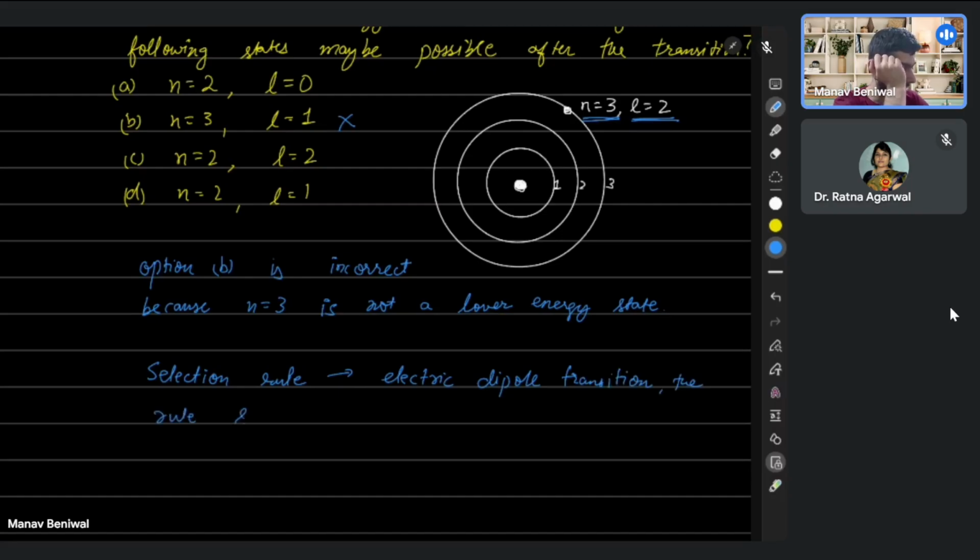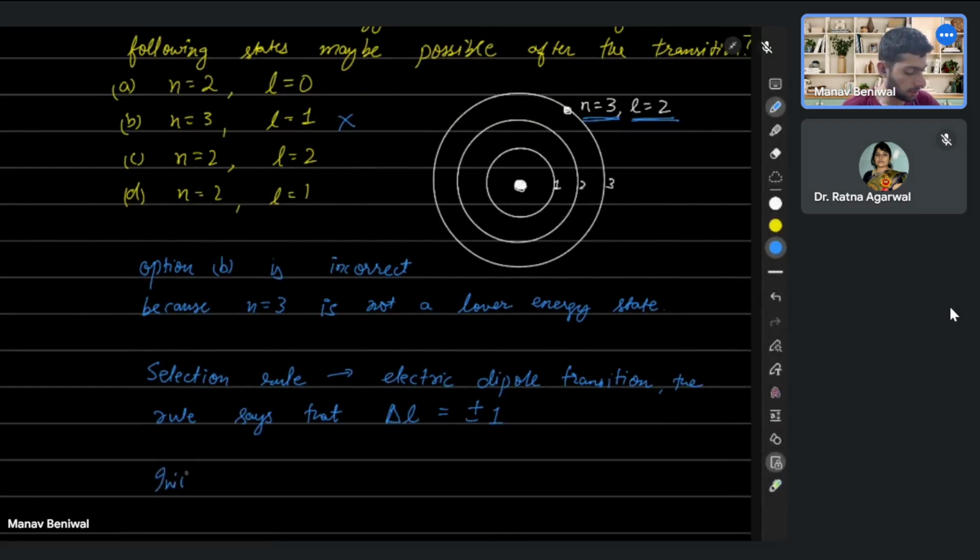The rule says that delta l has to be equal to plus minus 1. Okay, plus minus 1.